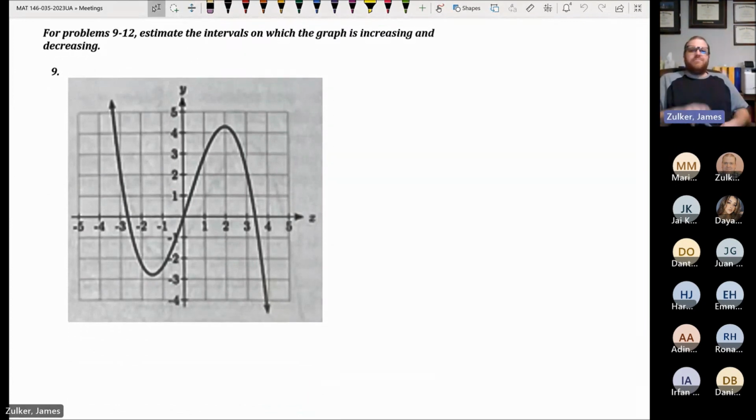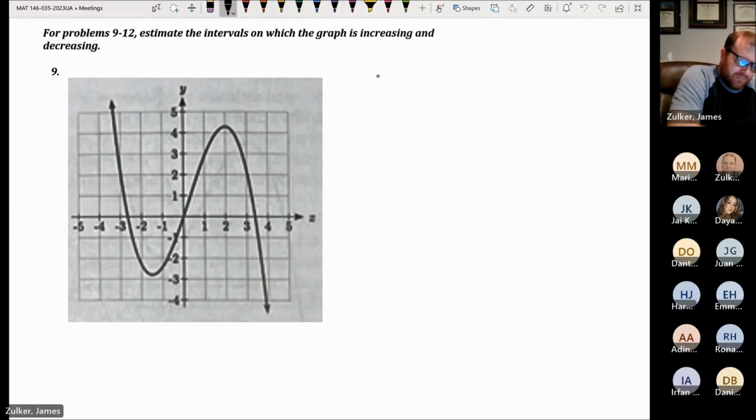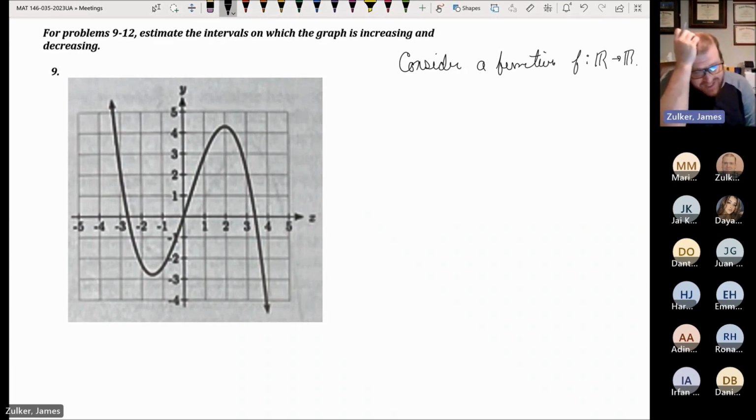So, increasing, decreasing. Again, we're going to consider functions from the reals to the reals.